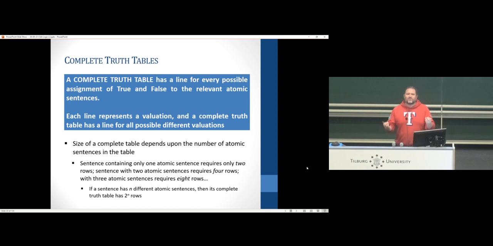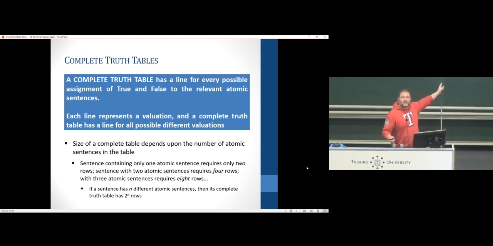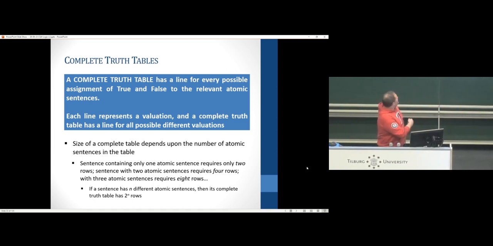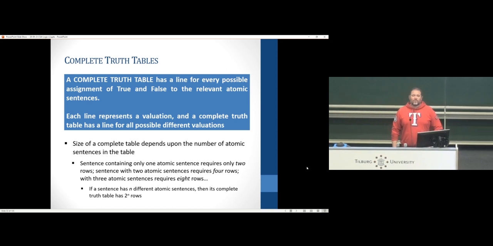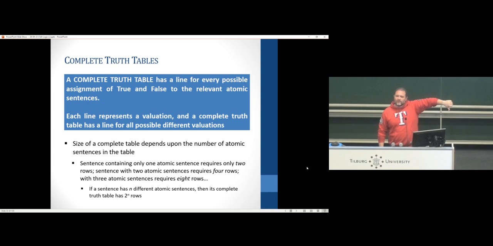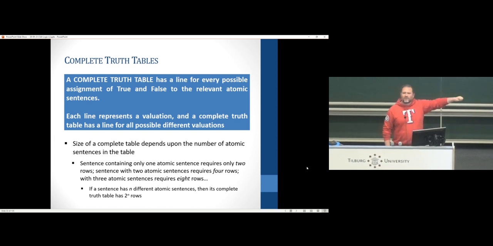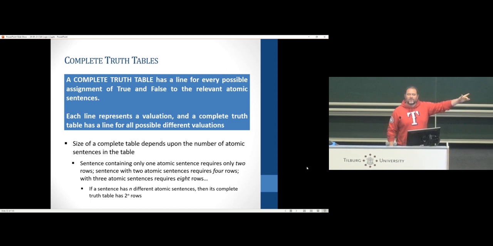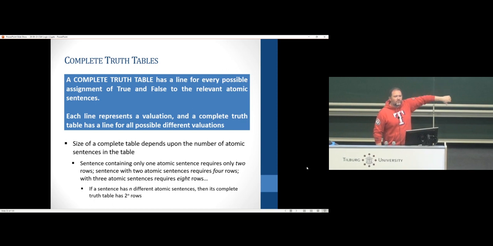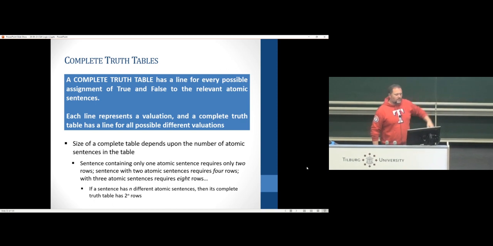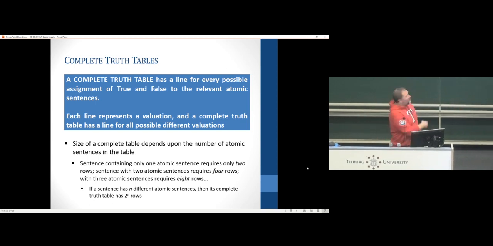We've actually already kind of seen this idea when we were looking at the characteristic tables for the connectives. Right? A sentence containing only one atom is going to have two rows. The row where the atom's true and the row where the atom's false. Again, just think of the characteristic table for negation. That's what we saw. The whole table only had two rows, one where the input was true, one where the input was false. If we're looking at a sentence that has two atoms involved in it, well, then we're going to have four rows, right?